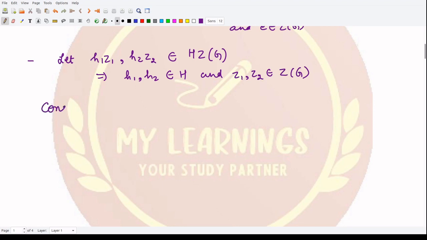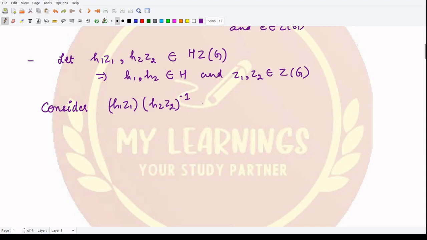So now next what we do, we consider the first element h1z1 and the inverse of the second element, (h2z2) inverse, right? If this element is also present in HZ(G), then by the one step subgroup test we have proved that HZ(G) is a subgroup of G. So let's consider this and see if this is also present in HZ(G) or not, correct?